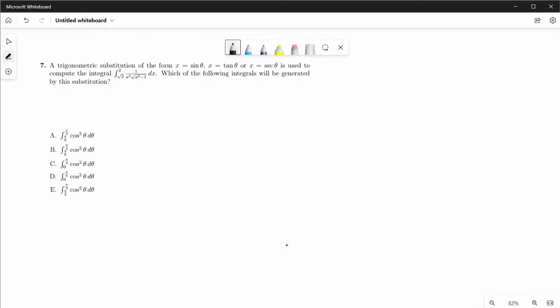For number 7, we are asked to use trig substitution to solve the following integral, and we need to use either sine, tangent, or secant as our trig sub. So with that in mind, this equation here is pretty typical of trig sub.